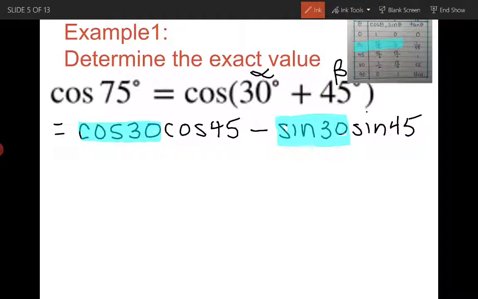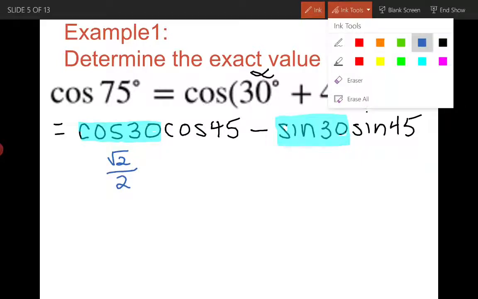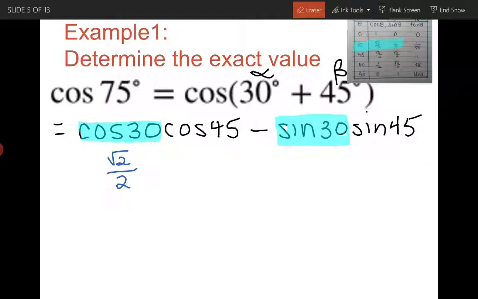Now, I want you to note, the cosine of 30 is radical 3 over 2. I am not going to write the cosine of radical 3 over 2. That is a very common error. What I am going to do, it's substitution, is erasing and replacing. I'm going to wipe out that whole trig function and replace it with the ratio.